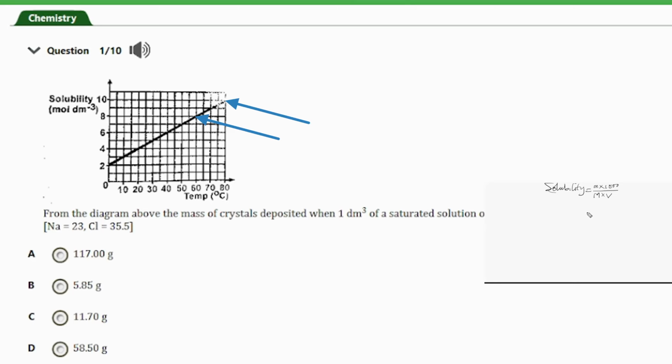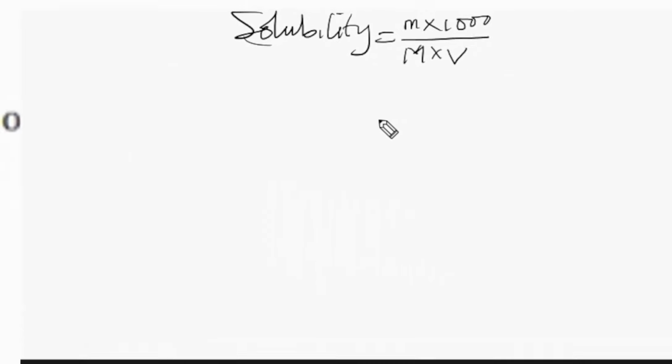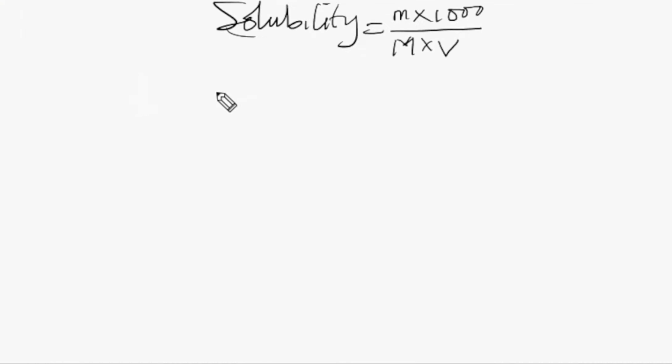So the solubility here will be 10 minus 8, and that's 2.